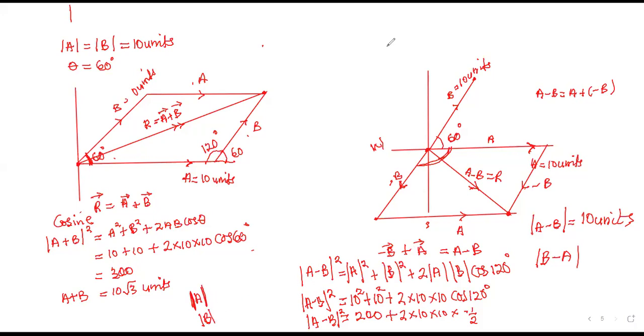So the numerical value is 10 squared plus another 10 squared, not the negative 10, because for a number we are not interested in the negative. But coincidentally, the cos of the angle between them, 120, is negative half. That is why we had positive 10.